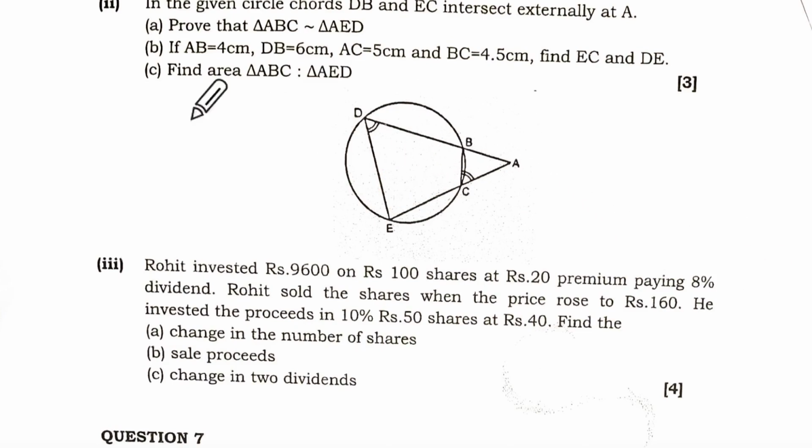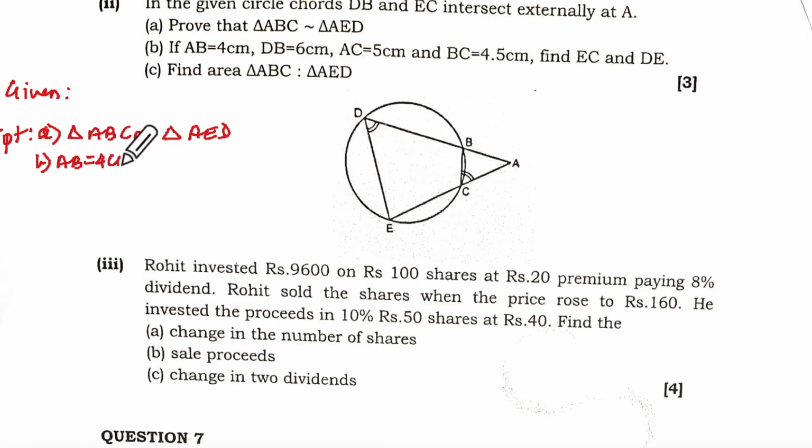Right? So remember, for these questions, you'll have to write what is given, and then to prove. Number 1, triangle ABC similar to triangle AED. Then second one, AB equal to 4 centimeter, DB equal to 6 centimeter.